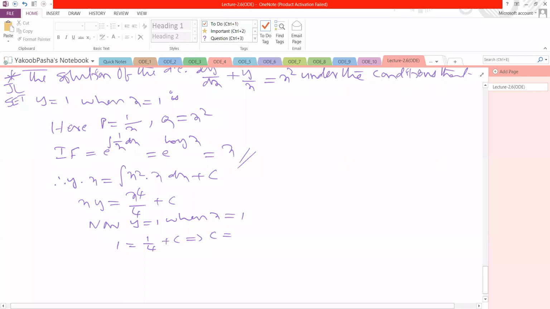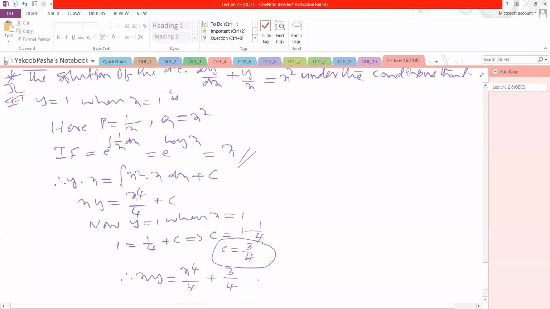That is 1 minus 1 by 4, so c is equal to 3 by 4. So apply the c value here in this. Therefore, xy is equal to x to the power of 4 by 4 plus the c value, that is 3 by 4.